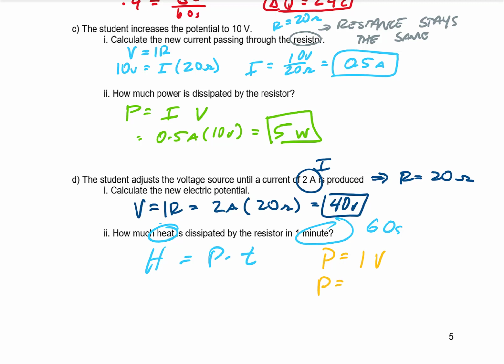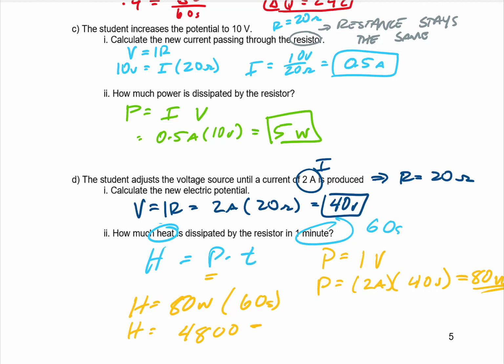So power is 2 amps times 40 volts. So that's 80 watts of power. So I gotta plug that in here. My heat is 80 watts of power times 60 seconds. So my heat comes out to 4,800 joules worth of heat from that 80 watts in 60 seconds.